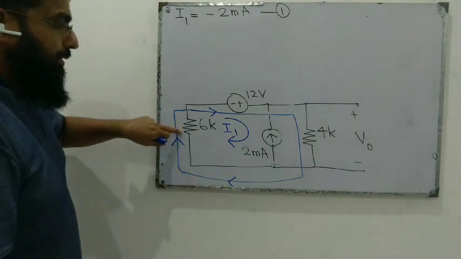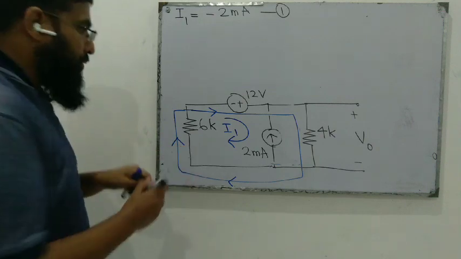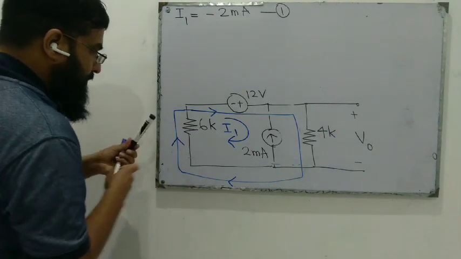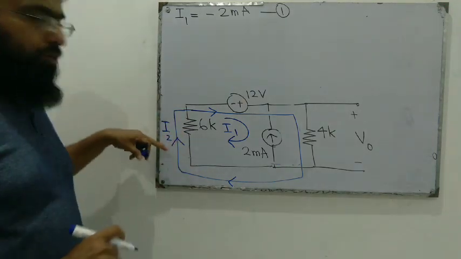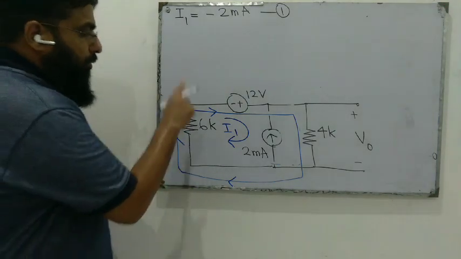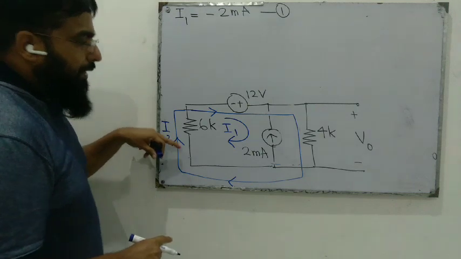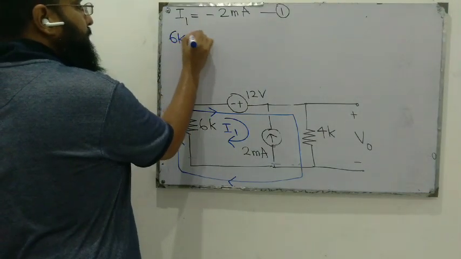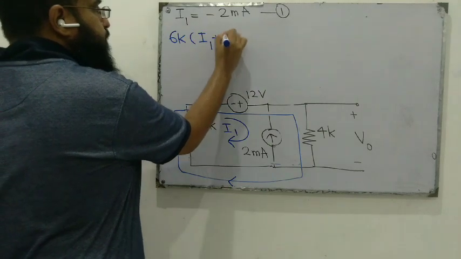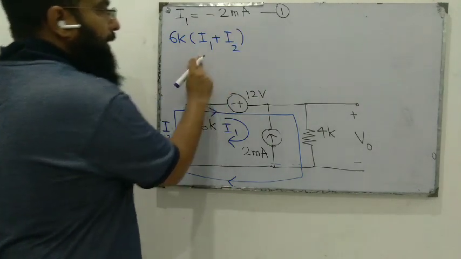Through this 6K resistor, there are two currents flowing, I1 and the current of this bigger loop. Let's call it I2. Since both the currents are moving upwards, they are in the same direction. Therefore, the net current would be I1 plus I2.